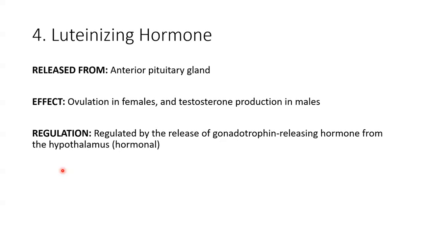Together with follicle stimulating hormone, luteinizing hormone is also involved in the secretion of estrogen. In males, luteinizing hormone stimulates cells in the testes to secrete testosterone. And like follicle stimulating hormone, luteinizing hormone is regulated by the release of gonadotropin releasing hormone from the hypothalamus.